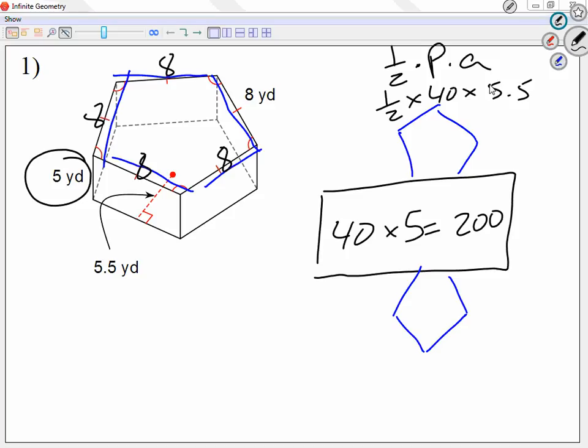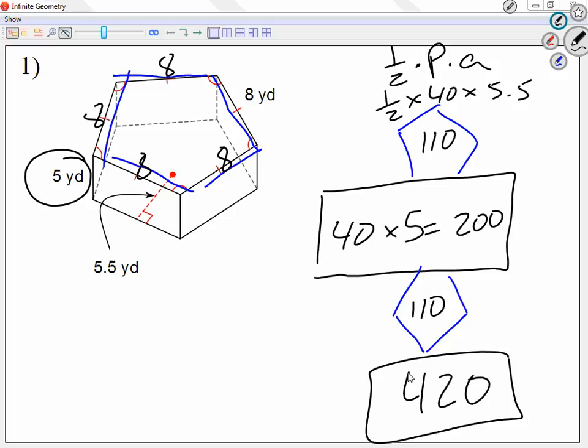So 1/2 times 40 times 5.5, and you should get 110. Each of these pentagons is 110. Now just add everything. 110 plus 200 plus 110. So we get 420. That's it.